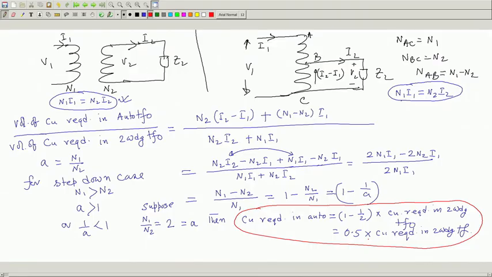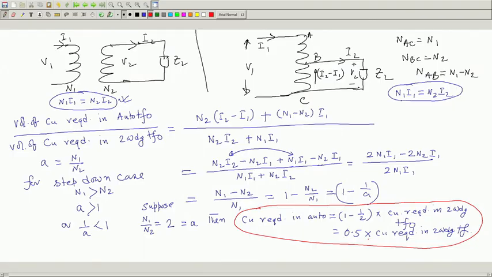You save copper, it looks like. Savings of copper can be easily calculated by taking the difference of these two. I am not going to do that, it can be easily done, but I will just see how much copper is required in terms of how much copper is required in a 2 winding transformer.